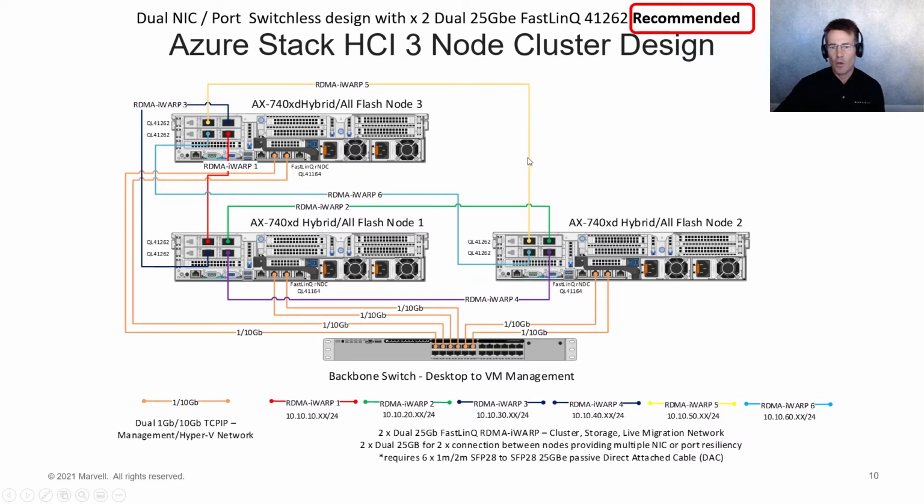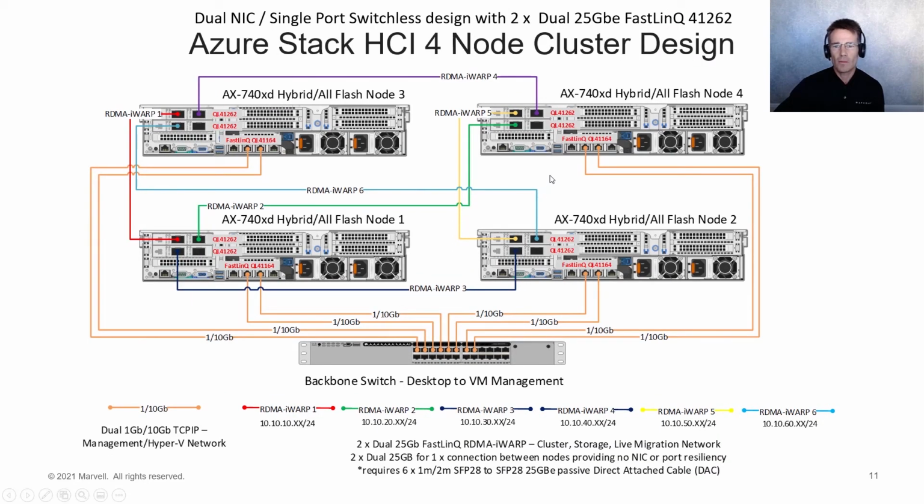So even if we lost a network card or a link, we'd still keep using our high performance 25 gig RDMA traffic for live migrations and storage traffic in the back end. We wouldn't need to use our external 1 or 10 gig networks to provide there. So this provides a lot higher availability, a lot higher resiliency, and without requiring switches, of course, for the back-end network.